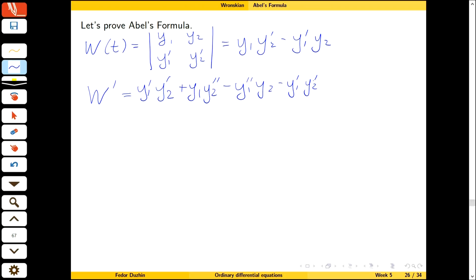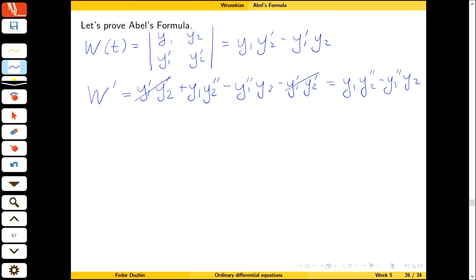Okay, so notice that these two terms cancel, and what remains is y1 y2 double prime minus y1 double prime y2. So that's w prime, the derivative of the Wronskian.